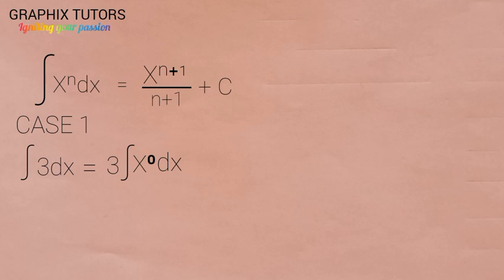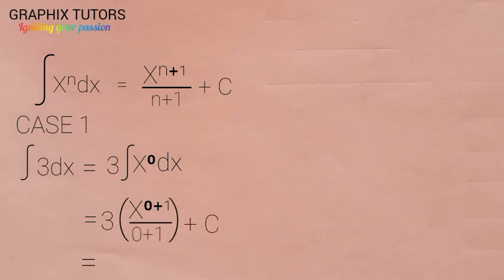Now, that is what we need. If you add 1 to the power, which is 0, that is 0 plus 1, you now divide by the power, which is also 0 plus 1. And this will give us 3x to the power 0 plus 1 all over 0 plus 1 plus c to show we have integrated. So when you add 0 plus 1, you have 1. x to the power 1 is x, so we'll be having 3x plus c, right?